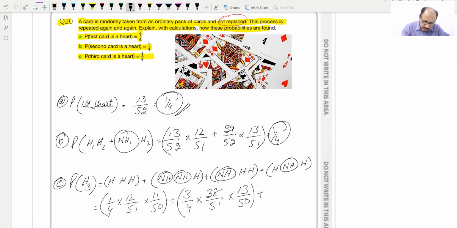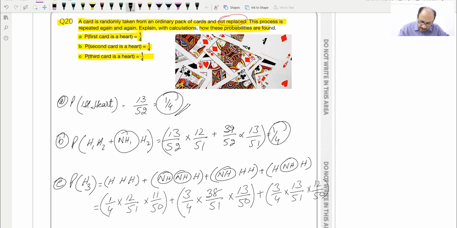Now for this one, first not heart and the rest 2 heart. So first not heart, which is 3 by 4, and rest 2 heart will be 13 by 51 into 12 over 50.